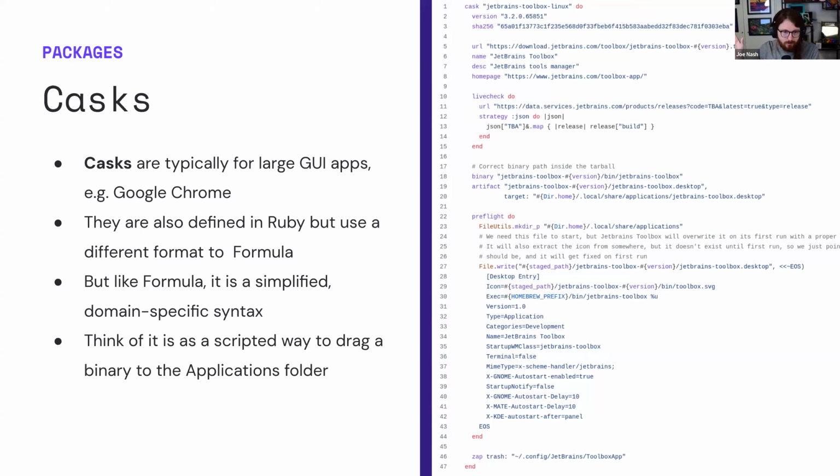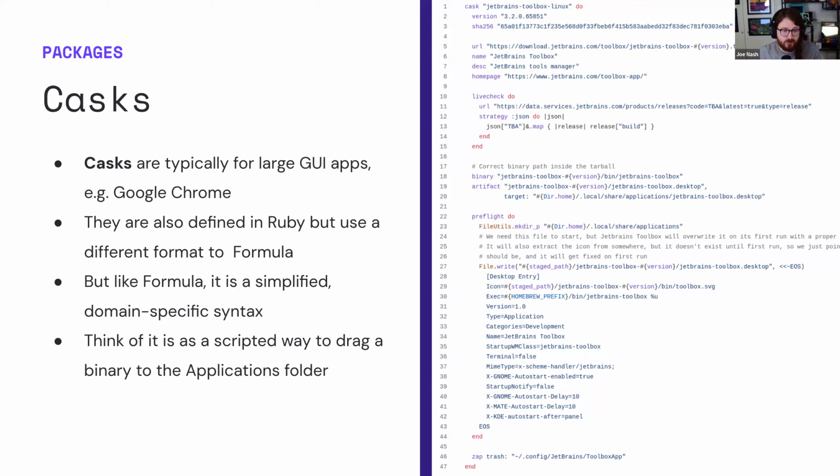You've got the URL where the binary is, where the .pkg file is, and you are getting it into the applications folder, and doing any configuration and post-installation checks that you need to do. So it looks intimidating at first glance, but it's a very simple process. You're just downloading a binary and moving it to the right location.